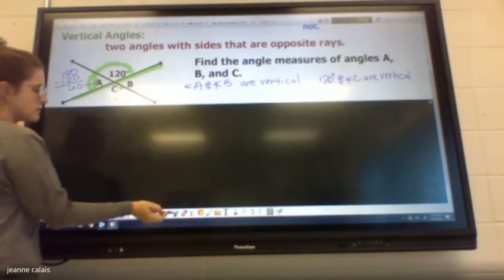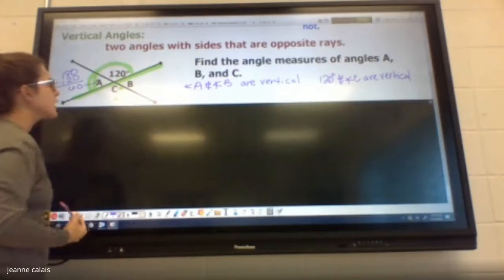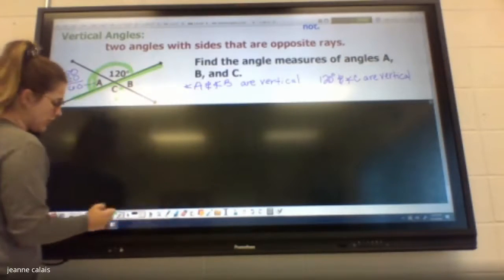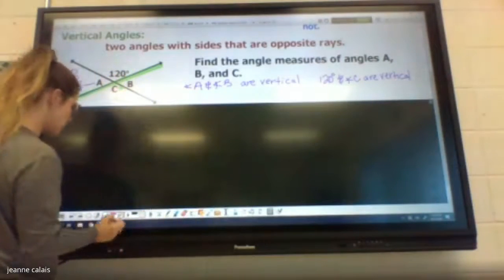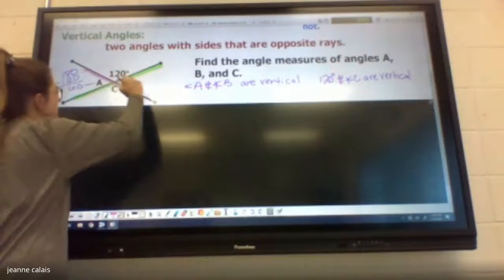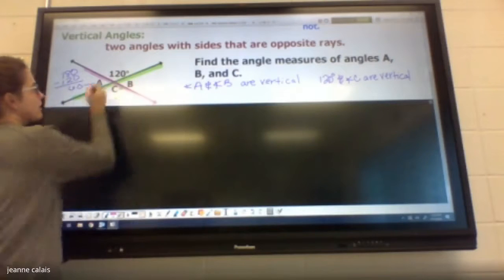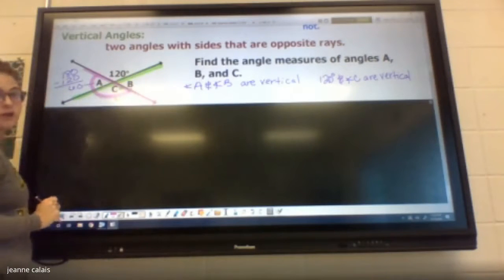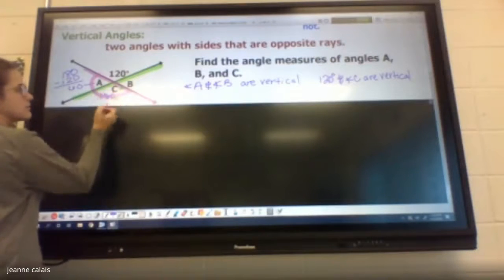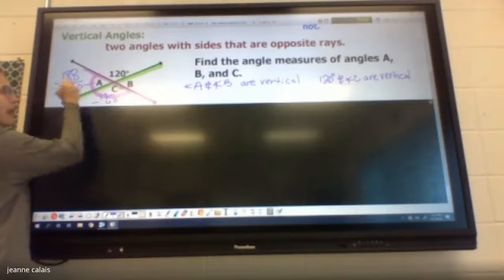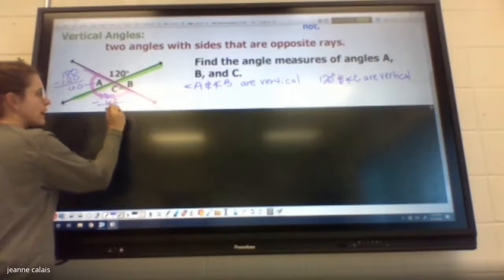So that's the value of angle A. Now I'm just going to go all the way around the circle. It makes a complete circle here. So now, looking at angle C and A, if I cover up 120 and B, A and C make that straight angle. So 180 minus 60, because I just found angle A was 60, is 120.